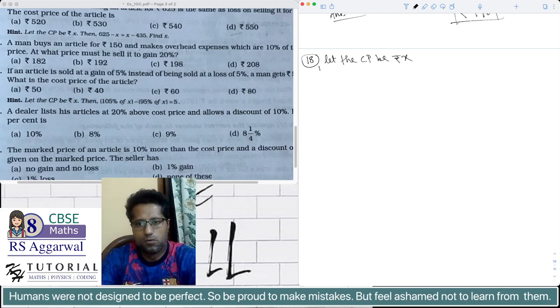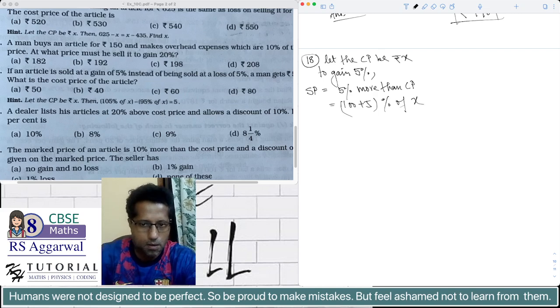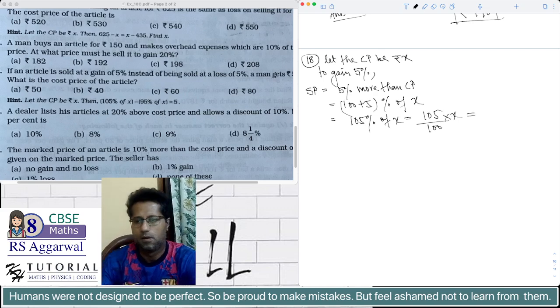To gain 5%, the selling price has to be equal to 5% more than the cost price. 5% more means 100 plus 5% of cost price, which we have assumed to be X. This is equal to 105% of X, which is 105 by 100 multiplied by X. After simplification this becomes 21X by 20.